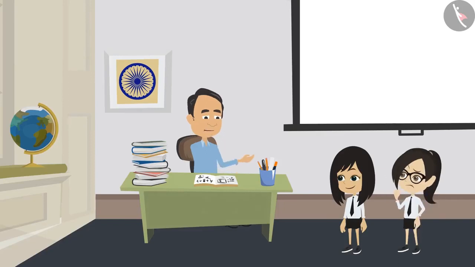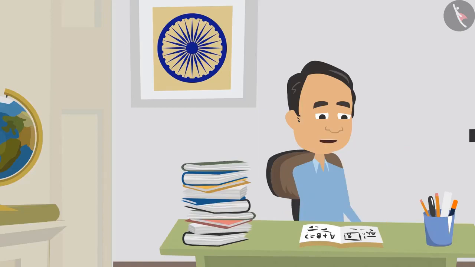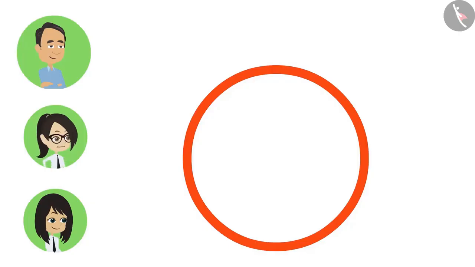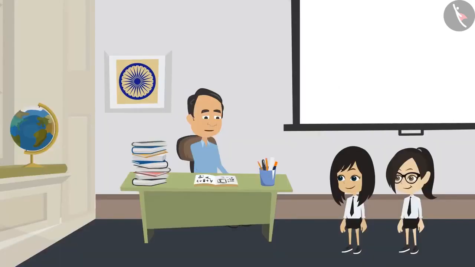We can definitely say, I'll explain. What is a radius? Sir, the distance from the center to the boundary is called radius. Absolutely right. And if we increase the radius, the distance from center to the boundary will increase. Yes, sir. See, this is a circle whose radius is this.